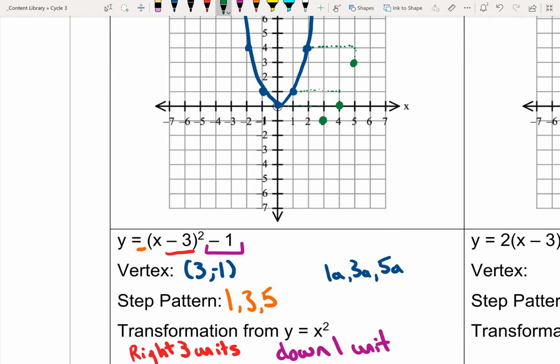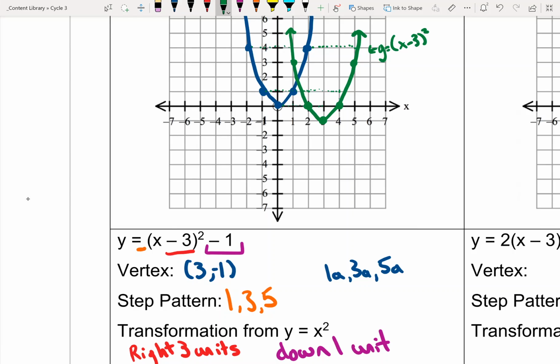It's kind of like a drawing exercise of following directions. I can do the same thing with the other points. Over 3, down 1. Over 3, down 1. And there is my transformed graph, which is the exact same thing as what we had just done, just a different way of doing it.